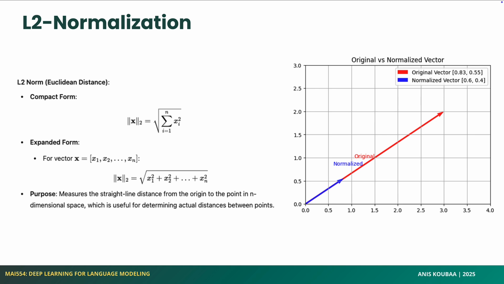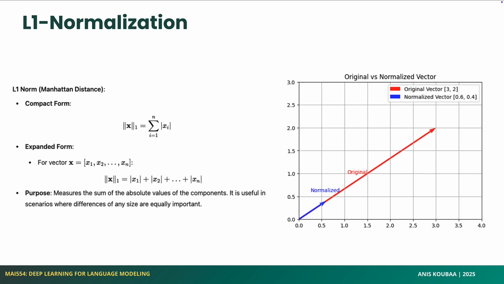We call it magnitude, we call it distance. You can call it different things, but at the end, it's going to result in a unit vector. This one is also going to result in a unit vector, but its calculation is different. This is L1 normalization, and it's based on the Manhattan distance.